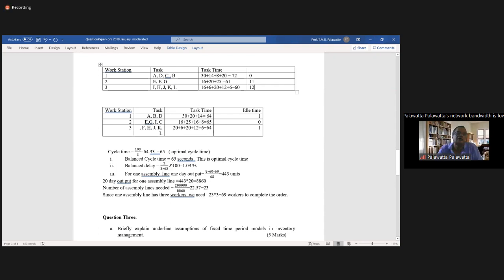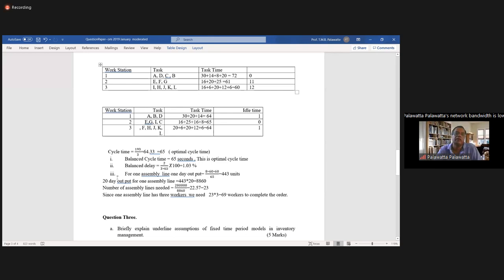If you use the calculator, 23 divided by 72 times 3 multiplied by 100, you get the balance delay as 10.65 percent.